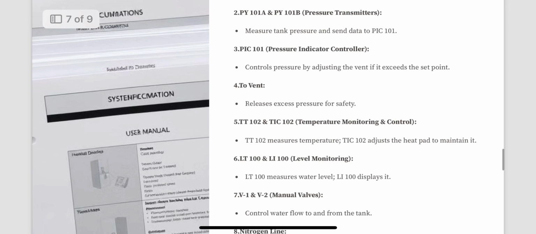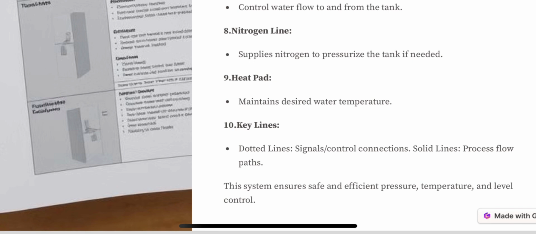The other important elements include V1 and V2, which are manual valves for controlling the water flow, a nitrogen line for pressurizing the tank when needed, and finally the heat pack to keep the water at the desired temperature.